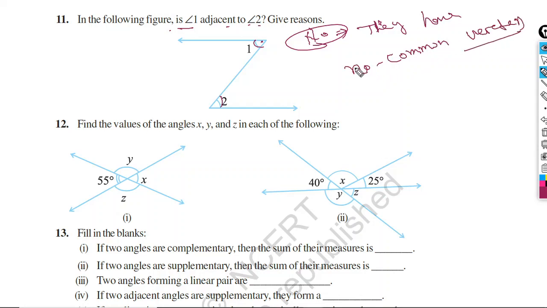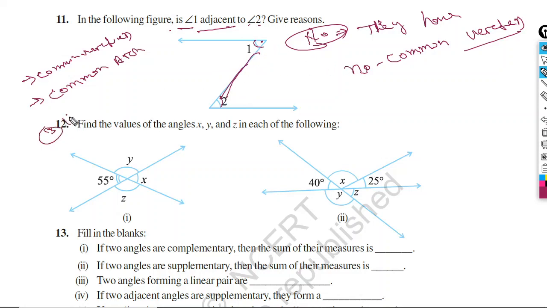So in order to be adjacent angles, there are three conditions. First one is common vertex. Second one is common arm. Common arm is there, but no common vertex.